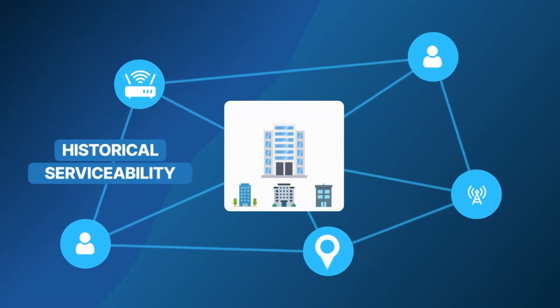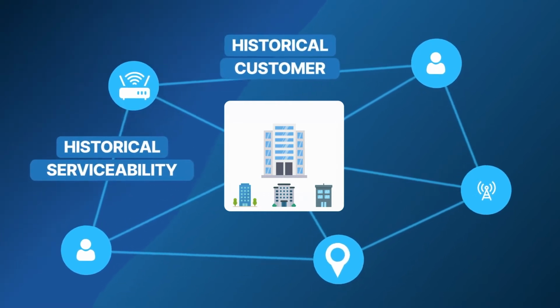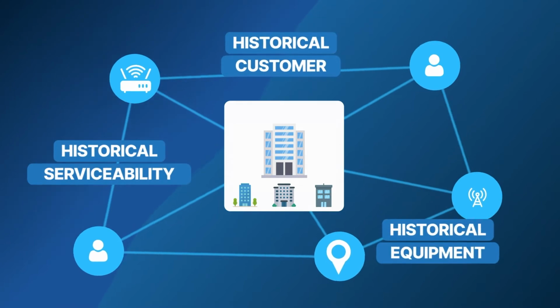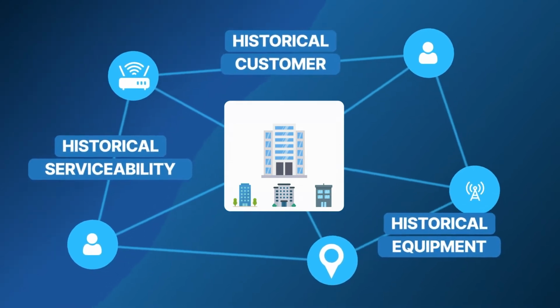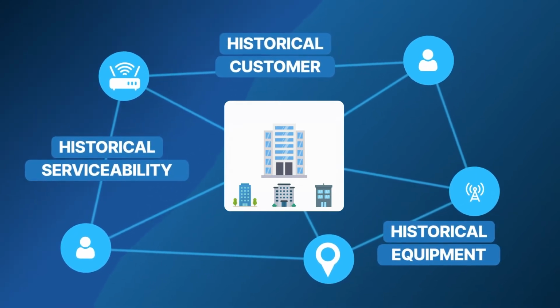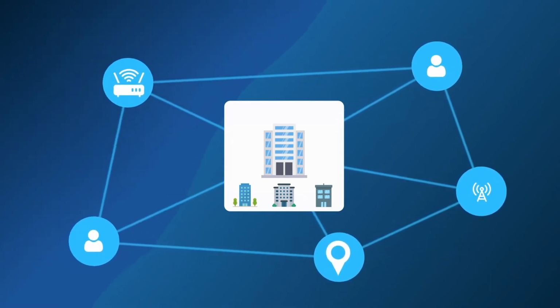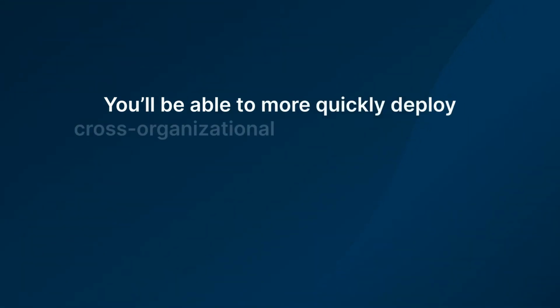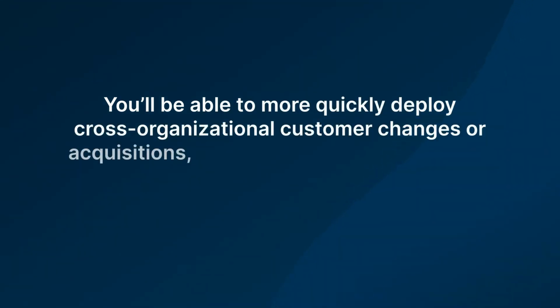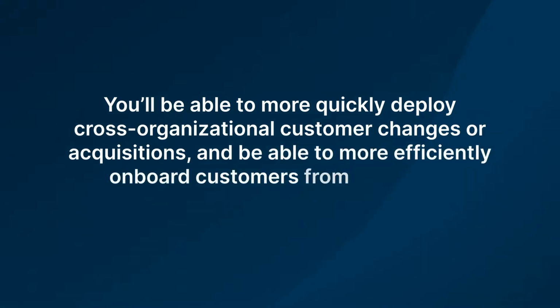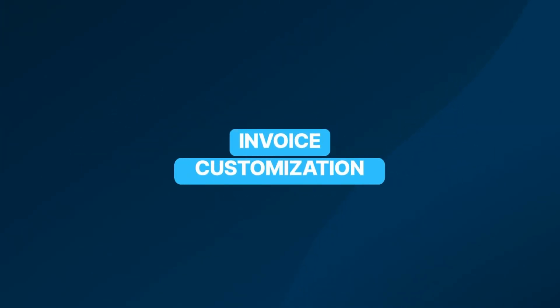This means historical serviceability information, historical customer information, and historical equipment information will be available to your team regardless of which organization or department they may belong to. By sharing this information across your organization, you'll be able to more quickly deploy cross-organizational customer changes or acquisitions, and be able to more efficiently onboard customers from additional acquisitions.